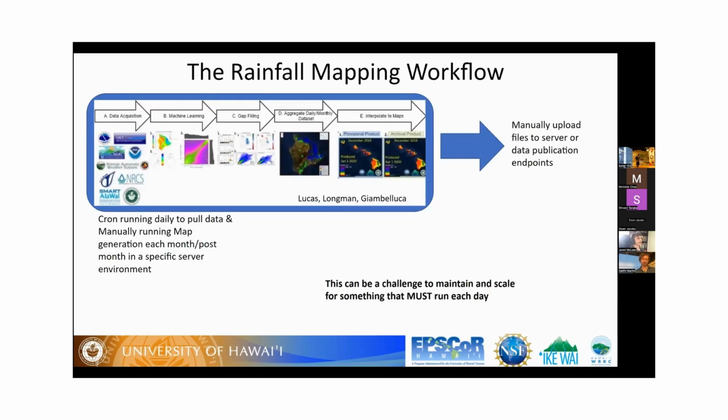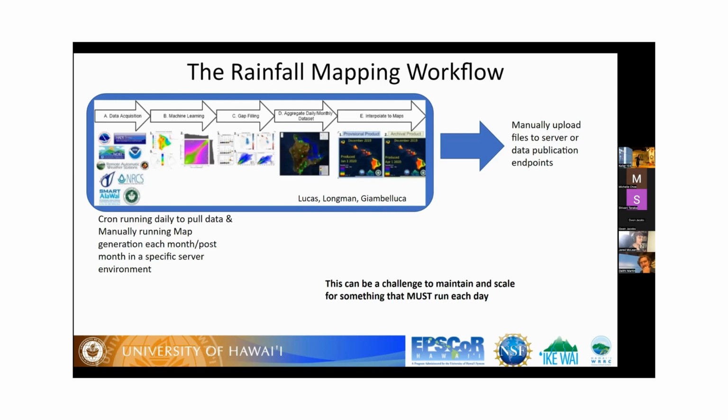And so an example of how that's used is for the Hawaiian Climate Data Portal, our rainfall mapping workflow. Originally, we didn't have it containerized, and it makes it very difficult to scale because you have a lot of moving parts and a lot of libraries that rely on a lot of dependencies that could change and cause issues in between the very different components if there's incompatibilities.